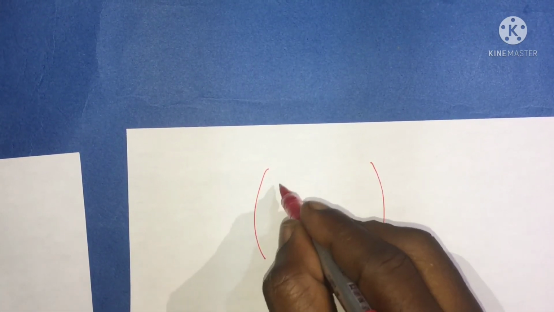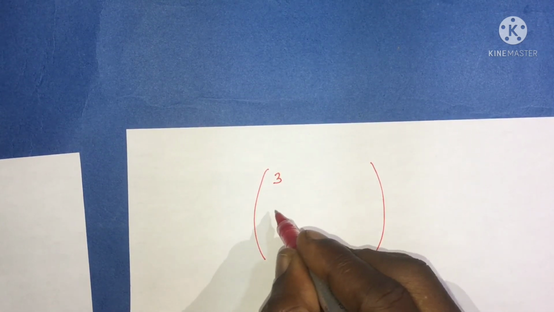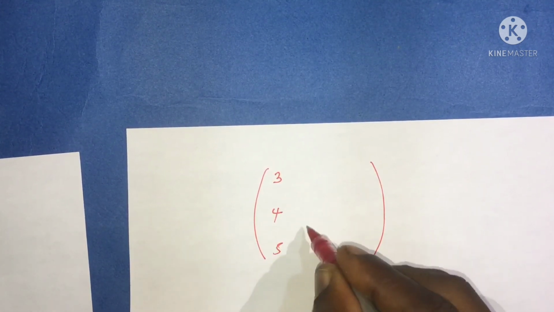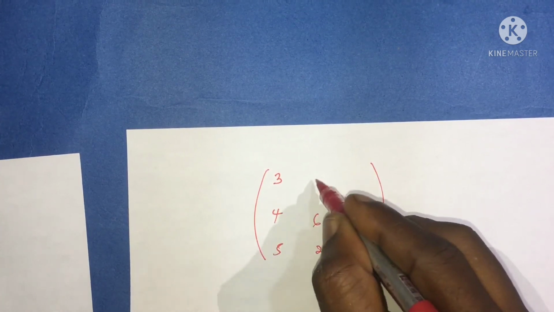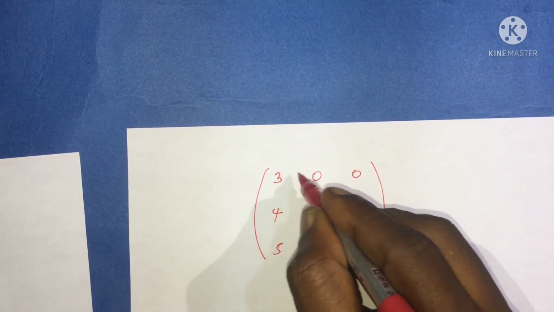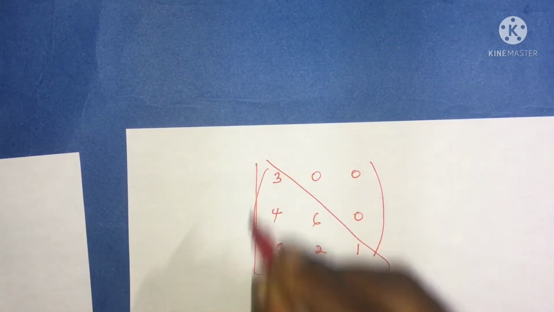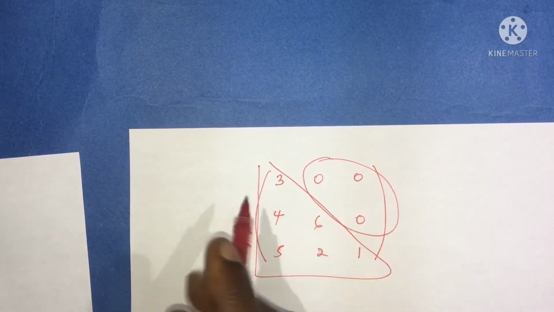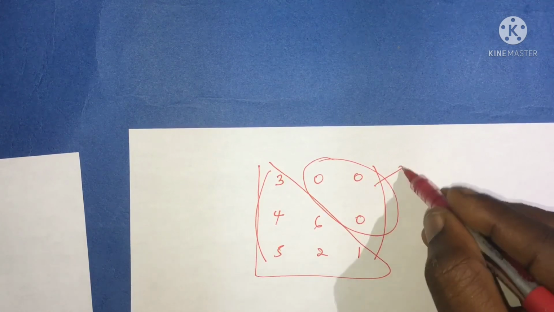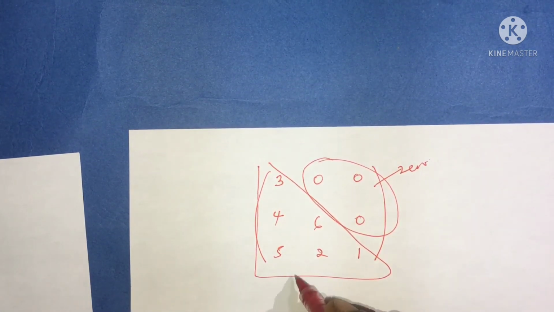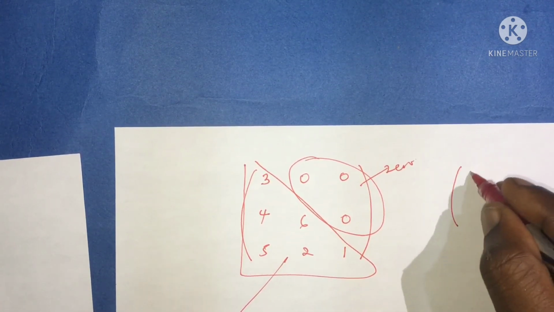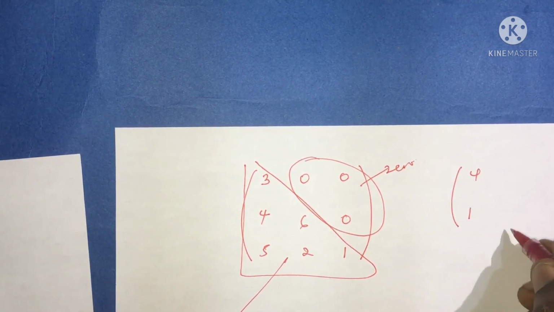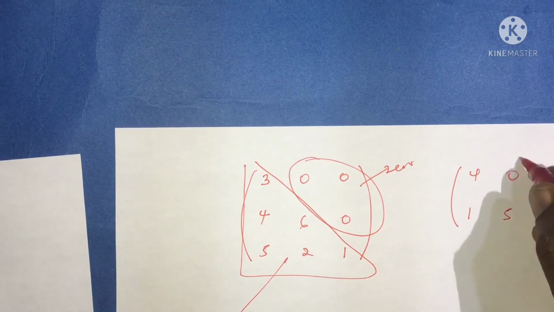So a good example of that would be this. So you have 3, 4, 5, 6, 2, 1, 0, 0, 0. This is a good example of a lower triangular matrix. Notice that every element above the principal diagonal are zeros. All the elements below are not zero. If I put up a matrix like this, 4, 1, 5, and 0.